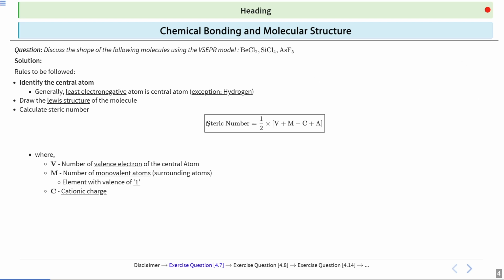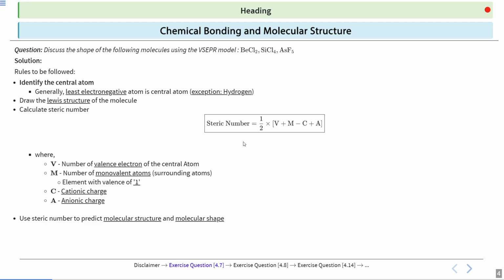After that we have C, which is the cationic charge, and A, which is the anionic charge. The formula in total can be written as half into, in square brackets, V plus M minus C plus A. We have seen the formula. Now we should know how to predict the molecular shape using the steric number that we get. For each steric number there are one to two shapes that are possible.